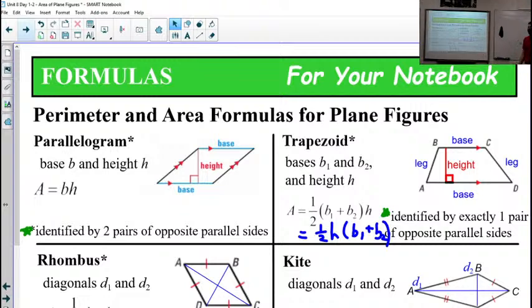So usually for a parallelogram or a rectangle or something like that, our formula is base times height. But since we have two different bases, we're basically going to average them together, which is the adding up the bases and dividing by 2 part. So we're going to average those bases together and then multiply it by the height.